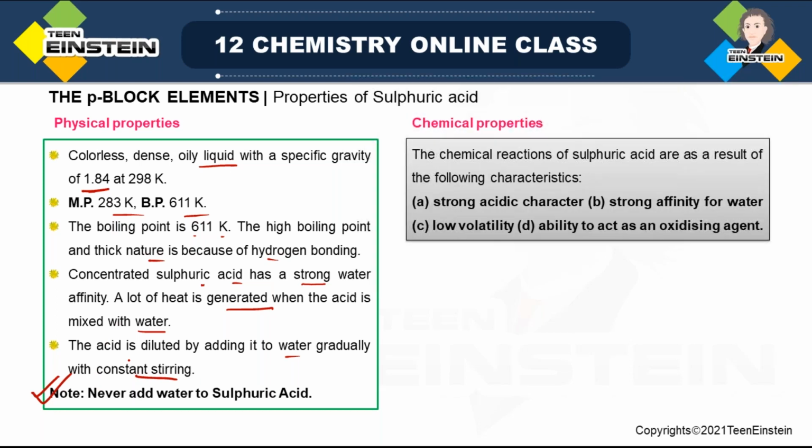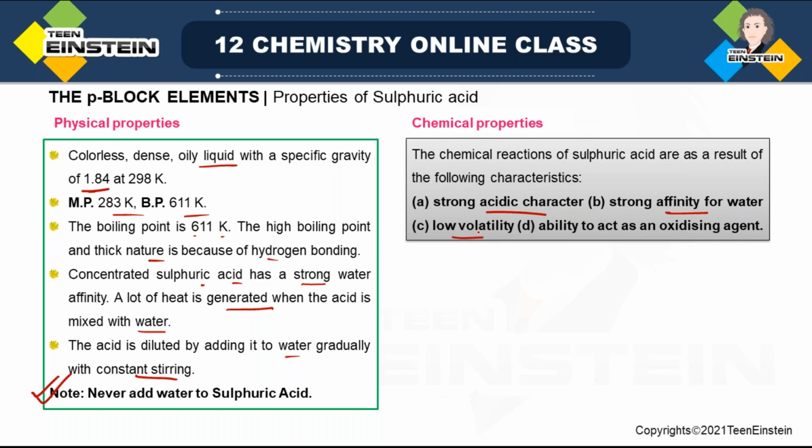Now, chemical properties. Here we have 4 categories in which we have divided the chemical reactions of sulfuric acid. It is known as the king of chemicals, which means it can react with many different types of compounds. In some reactions you will find its acidic character. In some you will see it absorbing water, because it has a water-absorbing property.